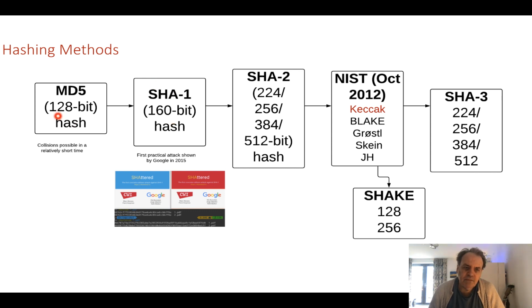So there's a vastly increased size, 2 to the power of 160 different hashes here. So it's a lot more difficult to create a collision. Unfortunately, it was shown by Google that it was possible to take 2 PDF documents and create the same SHA-1 signature for them.